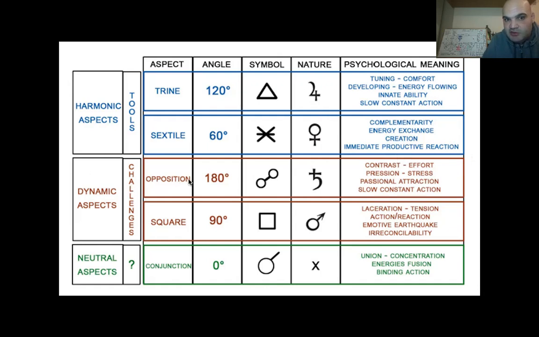The challenging aspects are the opposition, which is 180 degrees, and the square, which is 90 degrees. With opposition, you get contrast, effort, oppression, stress, passional attraction, slow, constant action. And with squares, you get laceration, tension, action, reaction, emotive, earthquake.